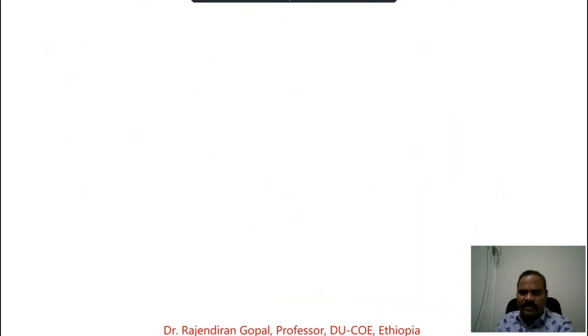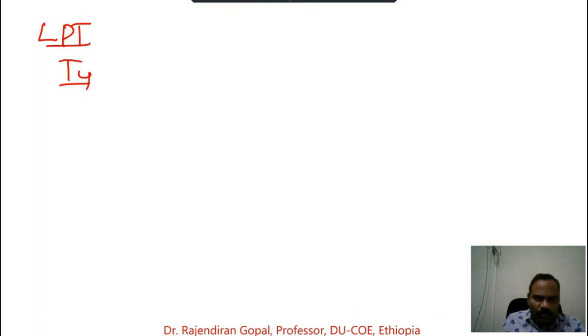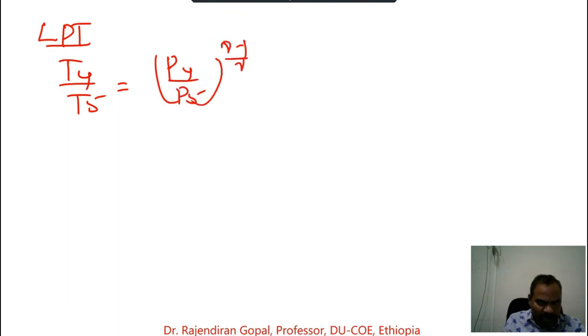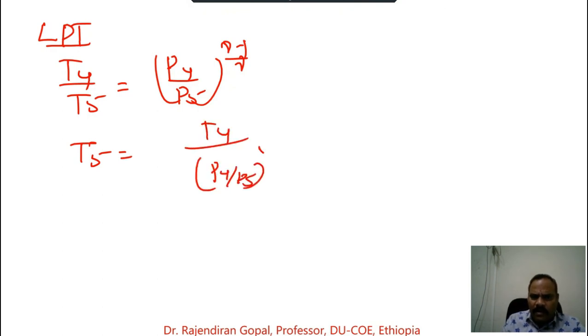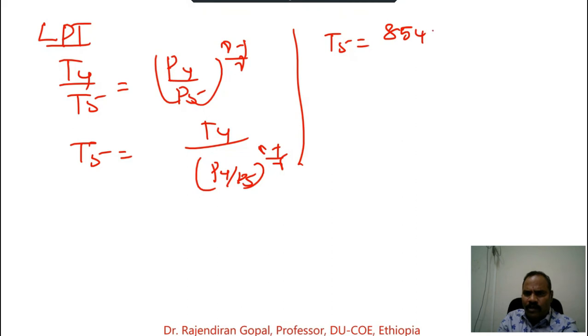The second one is, in that low pressure turbine, we know that T4 by T5 is equal to P4 by P5 whole to the power gamma minus 1 by gamma. T5 is equal to T4 over P4 by P5 whole to the power gamma minus 1 by gamma. That is T5 is equal to 854.20 over 2.304 whole to the power 0.4 divided by 1.4.